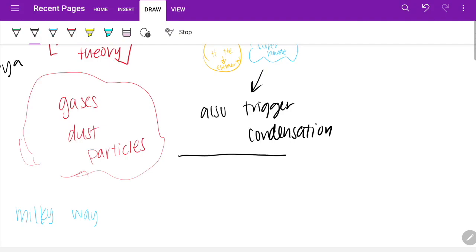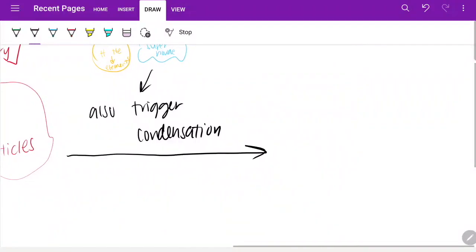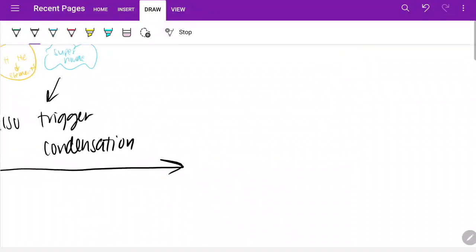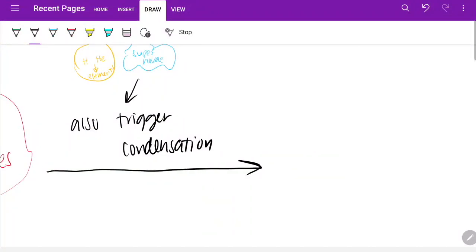And so through this process of condensation, temperatures start heating up, and as these particles come closer together, it becomes more dense, but it also causes this cloud to start to rotate.